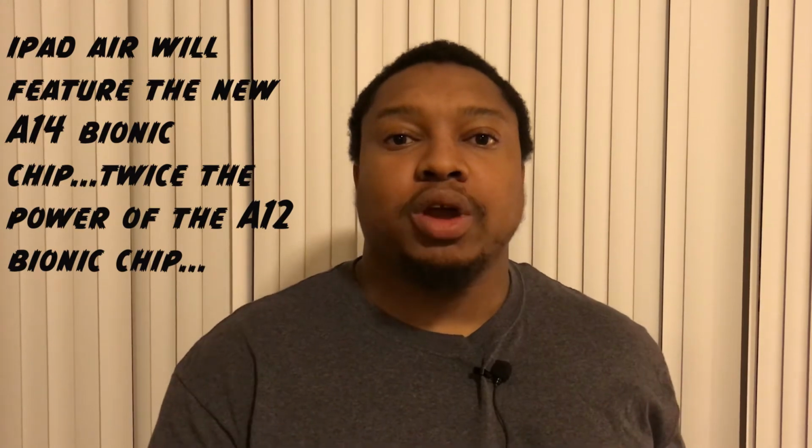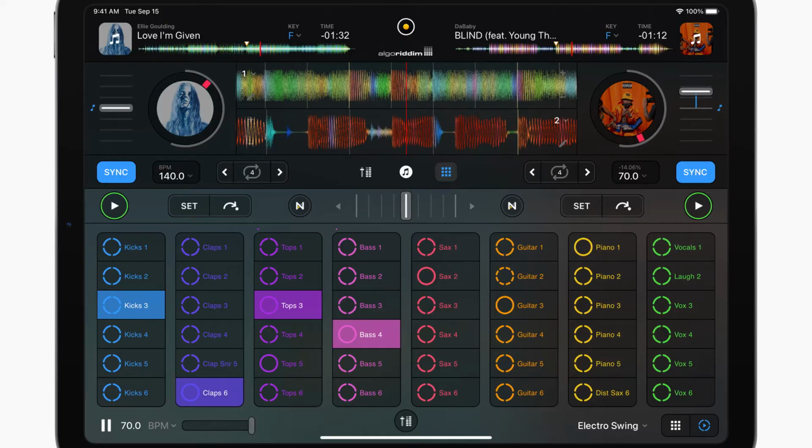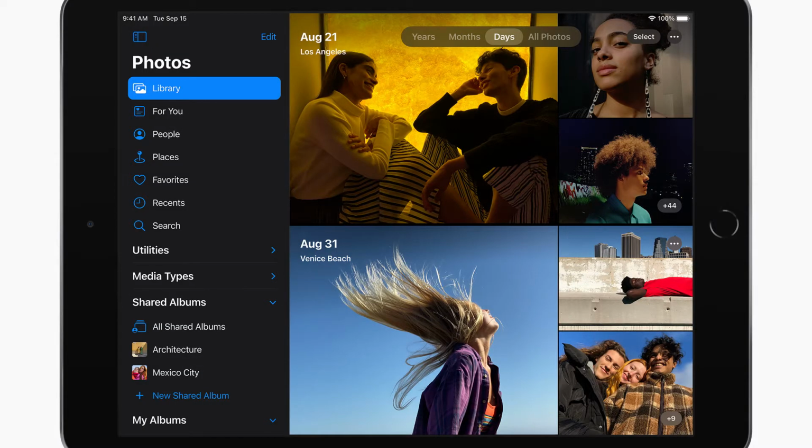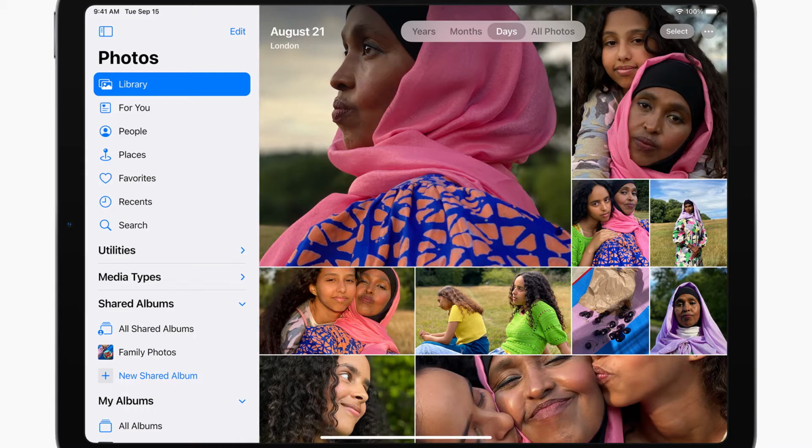And for the iPad Air, now the BIONIC chip you're getting is the A14, which is double the size and double the power and capacity of the A12, and you're also going to be getting double the memory with that 64 gigabytes and the 256 gigs of memory. And also, what you'll notice with the difference with the camera is that your camera will be a 12 megapixel front facing camera and a 7 megapixel rear camera.